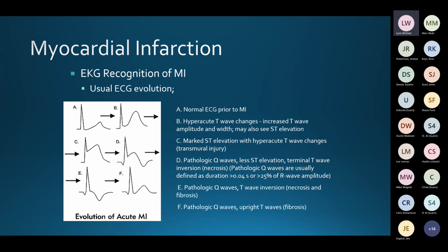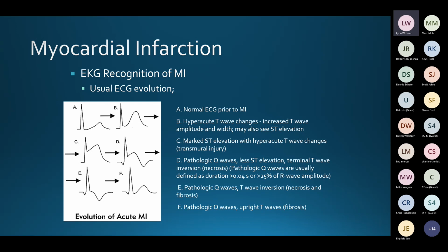Now you've got a fully developed Q wave. This would be going on at about 3 to 4 days. And usually you'll have the inverted T waves, which indicates there's still some ischemia in that area of the tissue, some leftover ischemia.